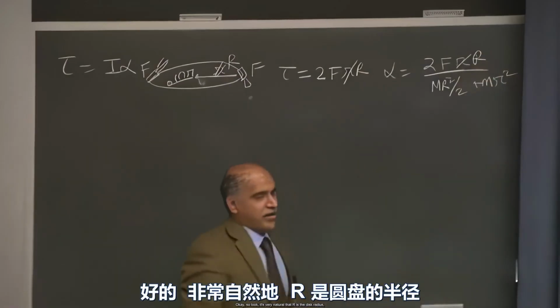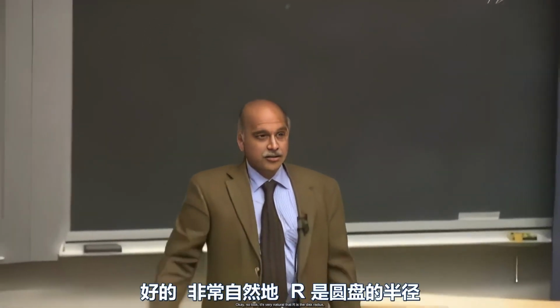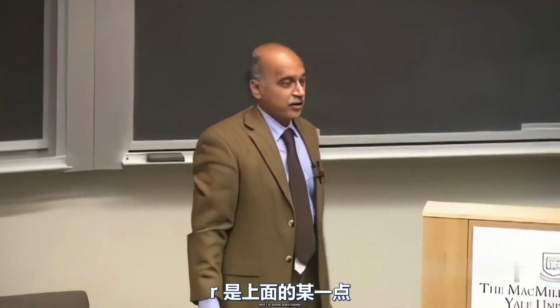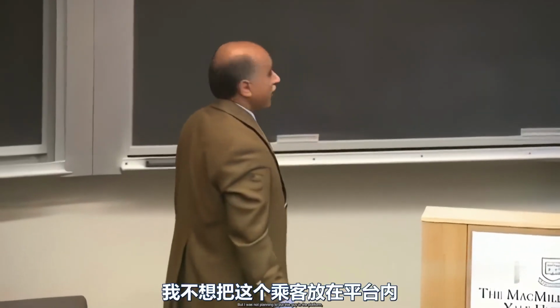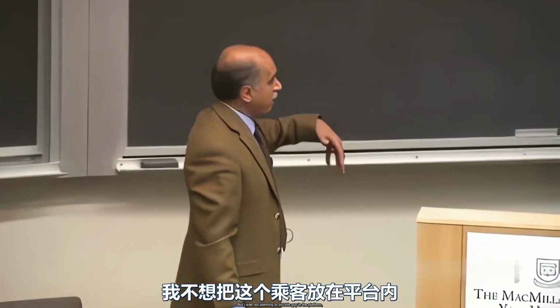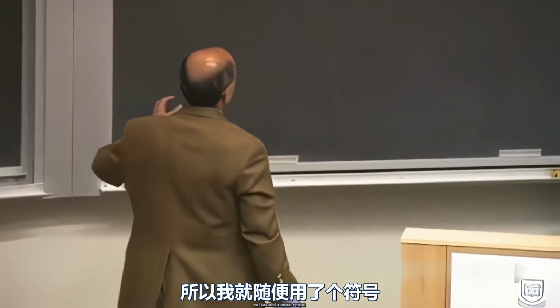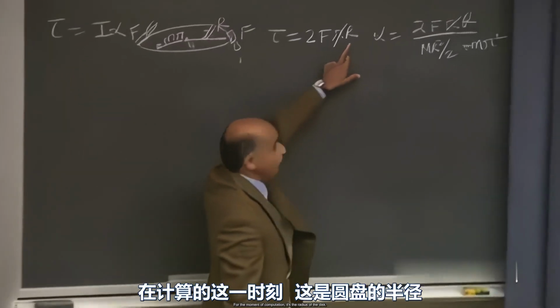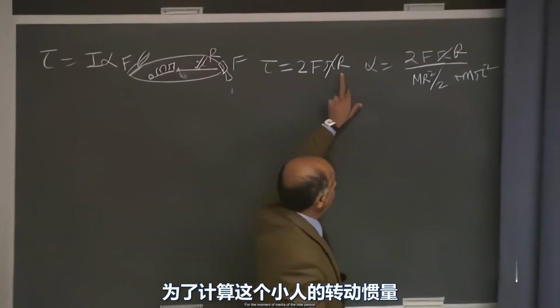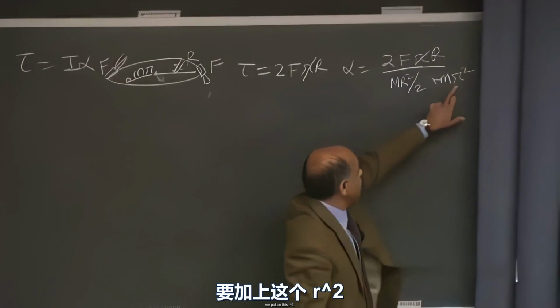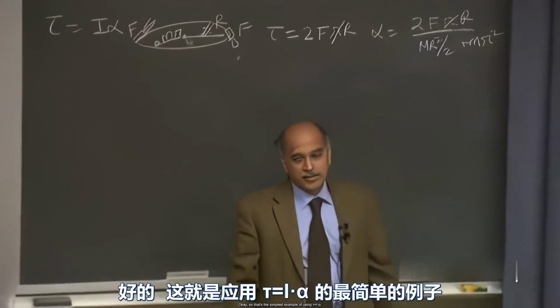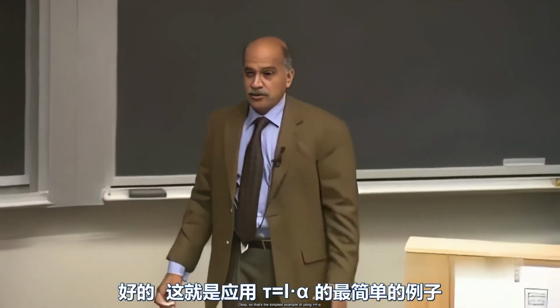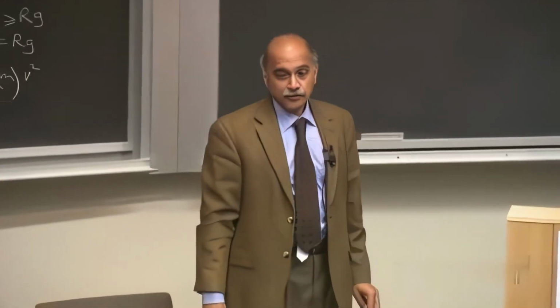Okay, so look, it's very natural that big R is the disk radius and small r is some point inside. But I was not planning to put this guy in the platform, so I just used a random symbol. Does everybody understand now? For the moment of inertia computation, it is the radius of the disk. For the moment of inertia of the little person we put on, it is little r squared. Okay, so that's the simplest example of using tau equals I alpha.